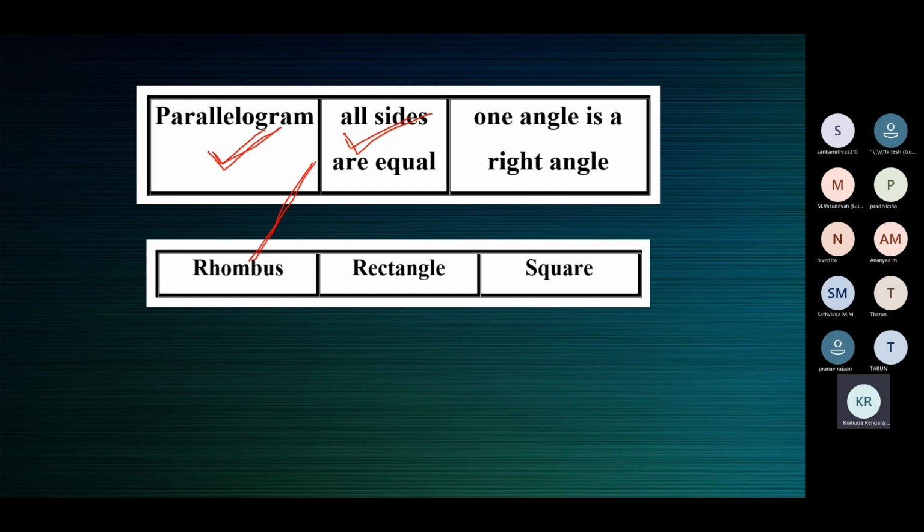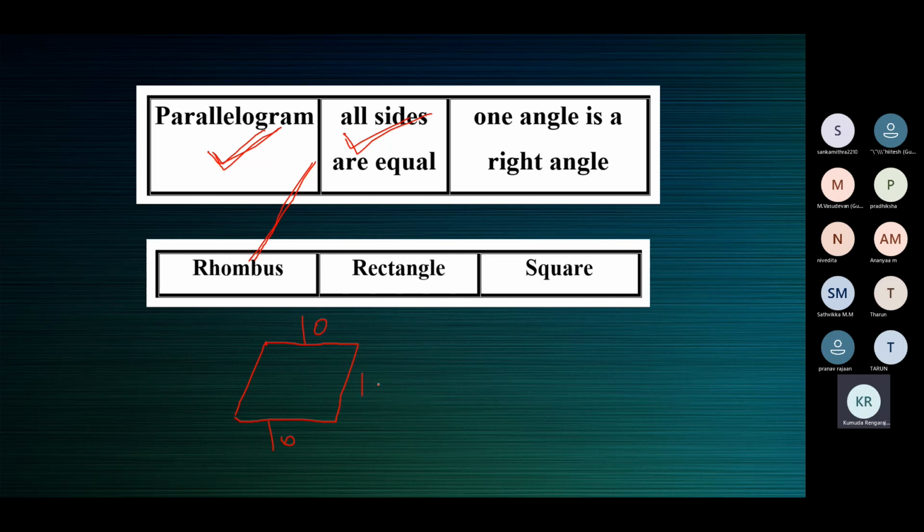Every rhombus is a parallelogram, because when we say in a rhombus all sides are equal, that also means opposite sides are equal. So like say 10 everywhere. It's 10 everywhere.